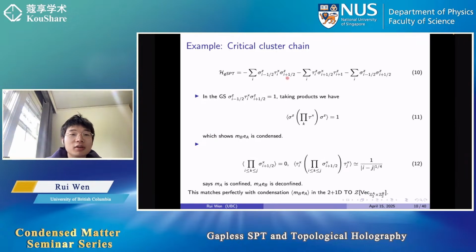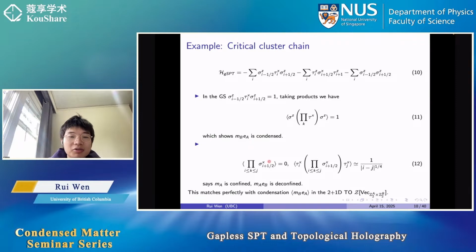Okay. Then if we look at this system, we see that in the ground state, as I just said, the first term commutes with the rest, so this is just 1. If you take the product of this term, we get a string of tau x decorated with sigma z, and this is 1. In the middle this is MA, and this is MB, and this is EA. So this shows MBEA is condensed.